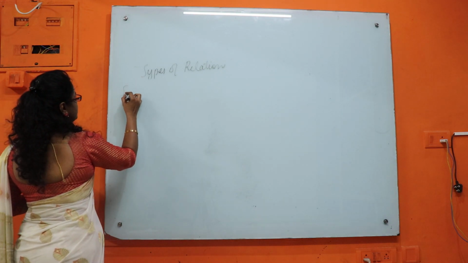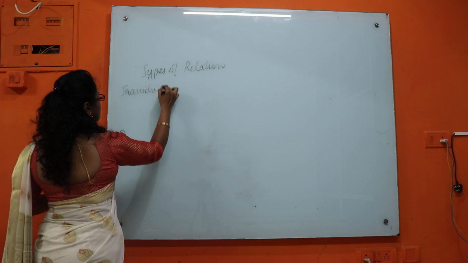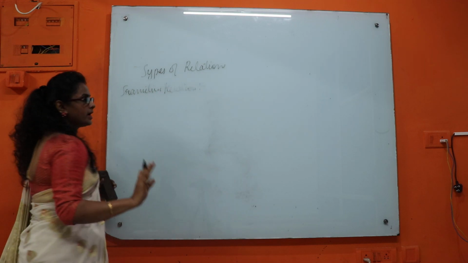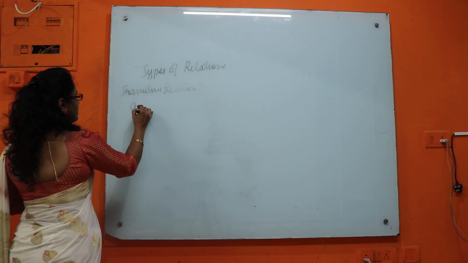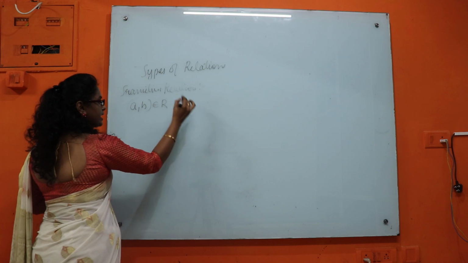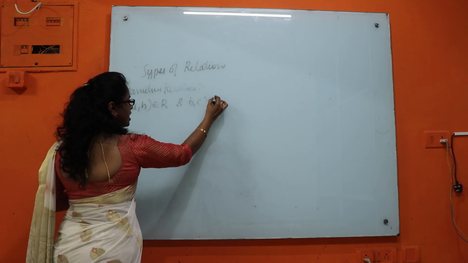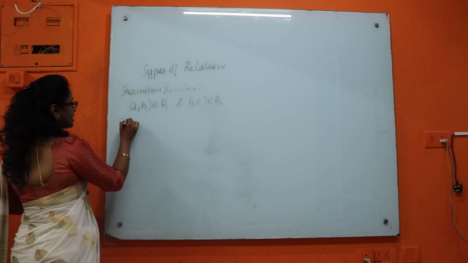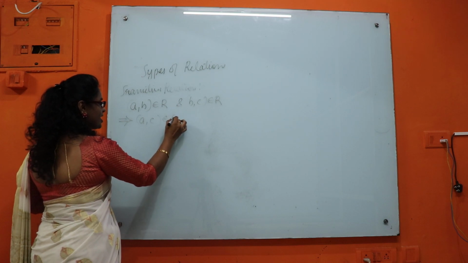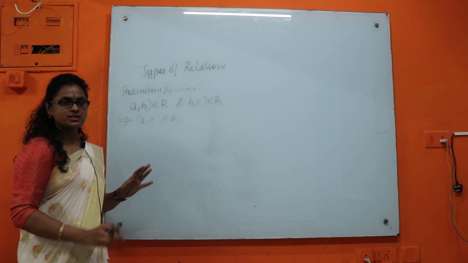Next comes the transitive relation. What does the transitive relation say? (a, b) belongs to R and (b, c) belongs to R must imply (a, c) belongs to R. I always tell the students about this.